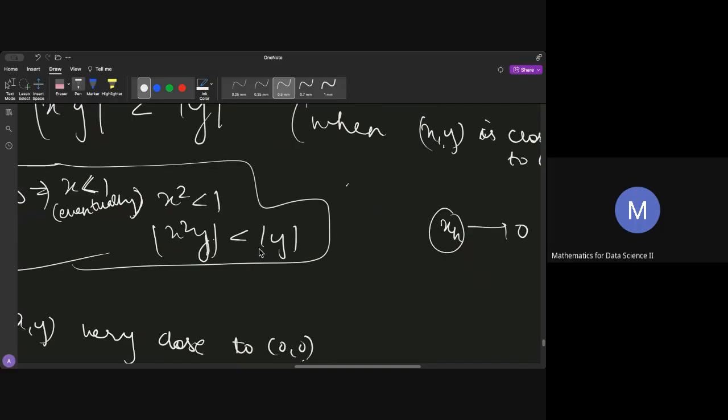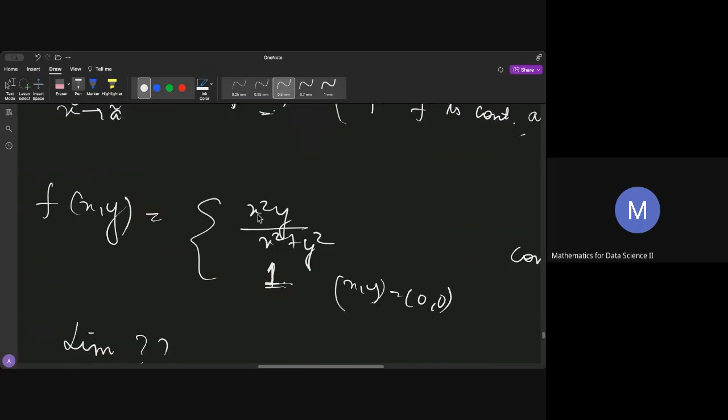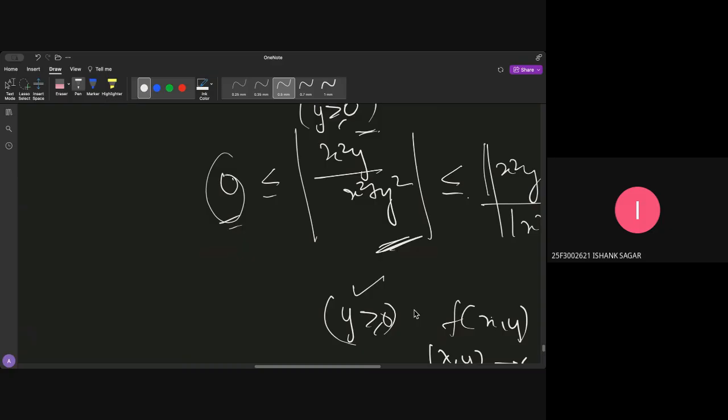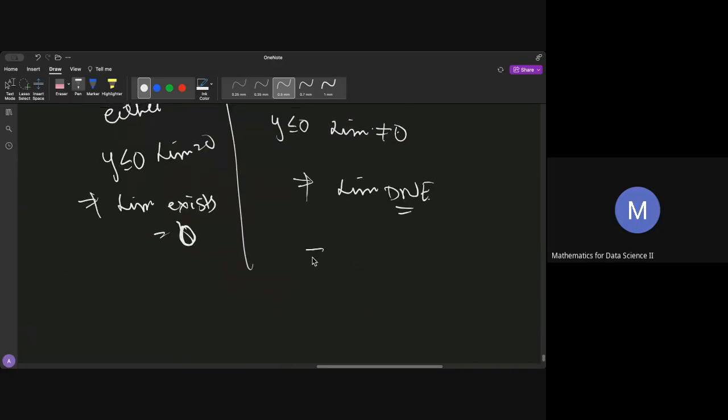If you can't find the limit, then we can't even say that the limit is equal to the function's value, right? So in this case, the function is not continuous at 0. This is all about the 0 point.